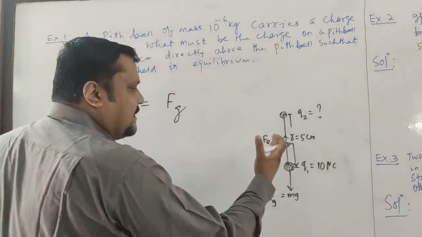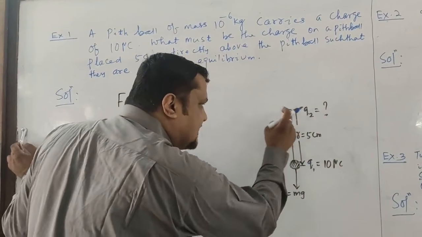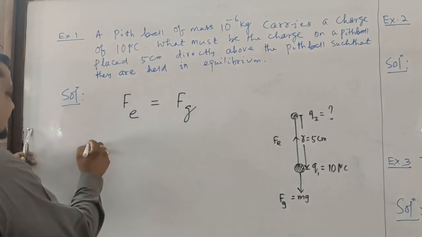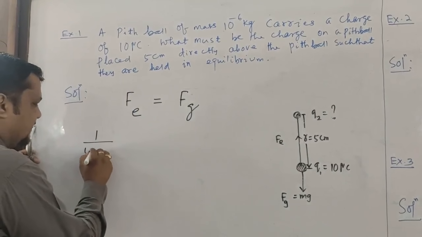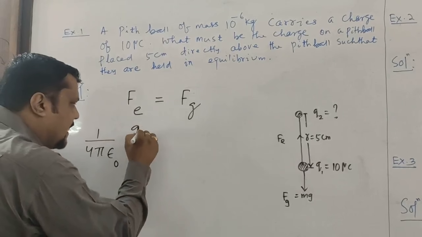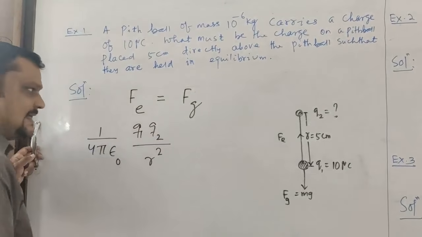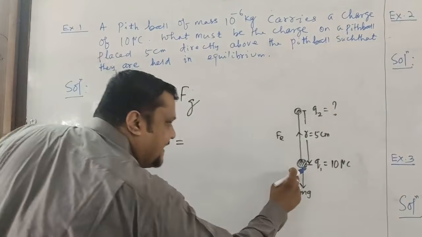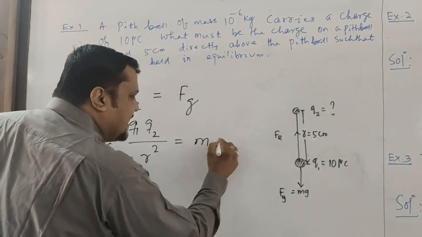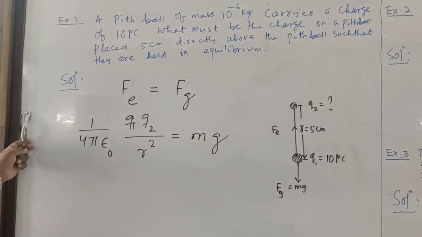As you know from Coulomb's law, the force of interaction between these two charged bodies Q1 and Q2 separated by a distance r is, in SI, 1 by 4 pi epsilon naught Q1 Q2 by r square. That should be equal to the weight of this pith ball of charge Q1, mg, where m is the mass and g is the acceleration due to gravity.